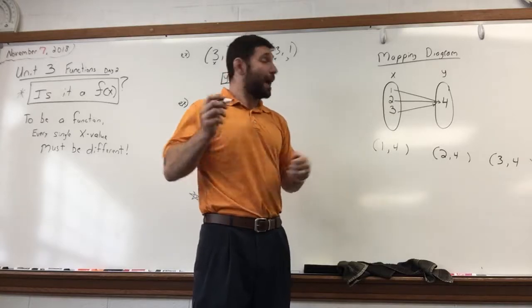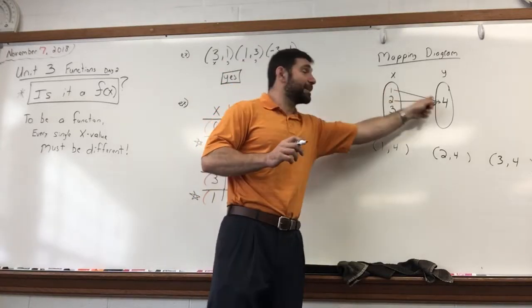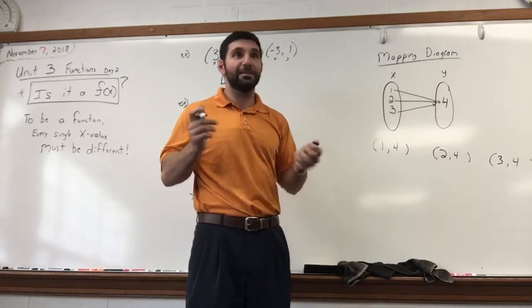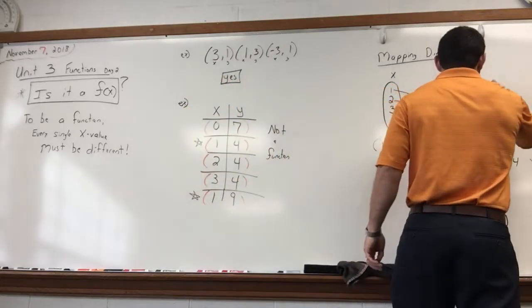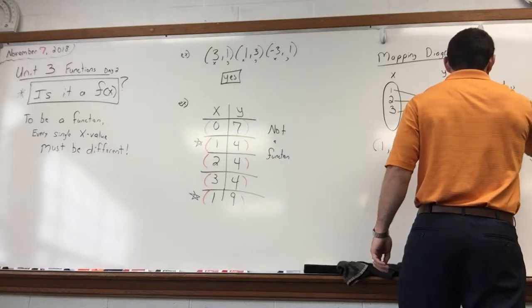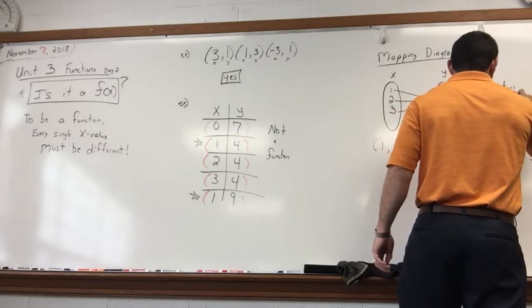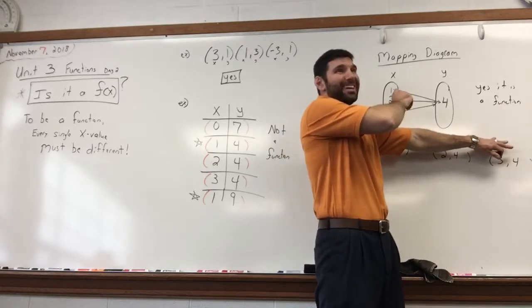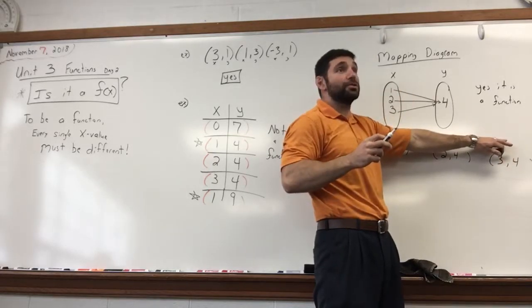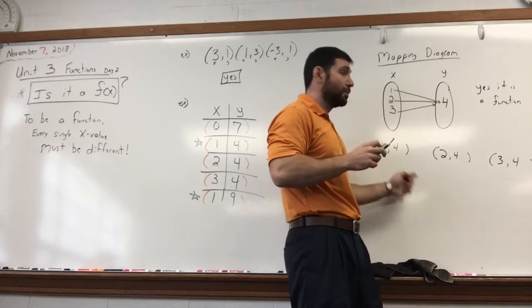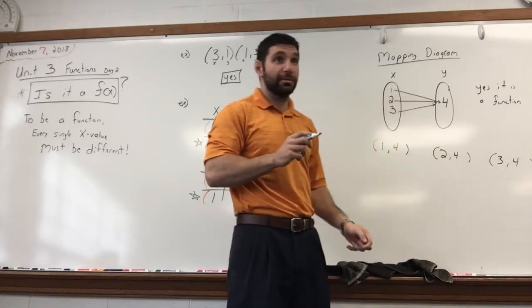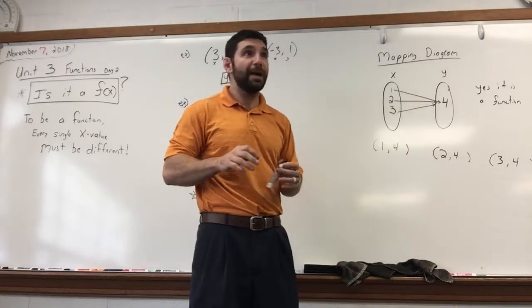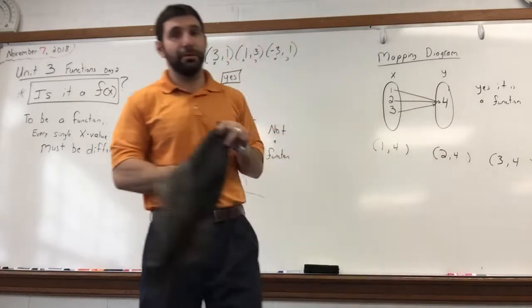Yes, because there's only one arrow coming off of each x value. If you can't look at this and say, I know that's a function, you can write it as ordered pairs. If I write it as ordered pairs, are all of my x values different? Absolutely.